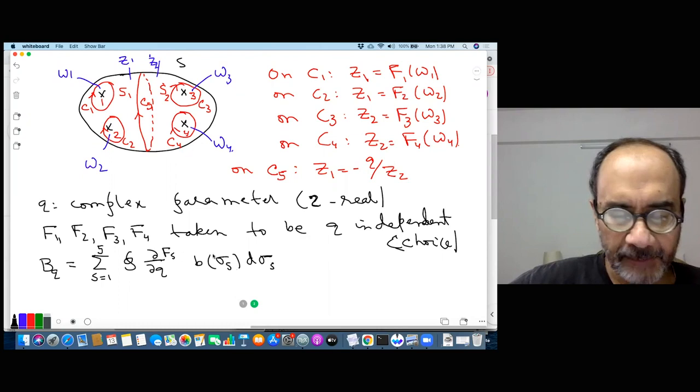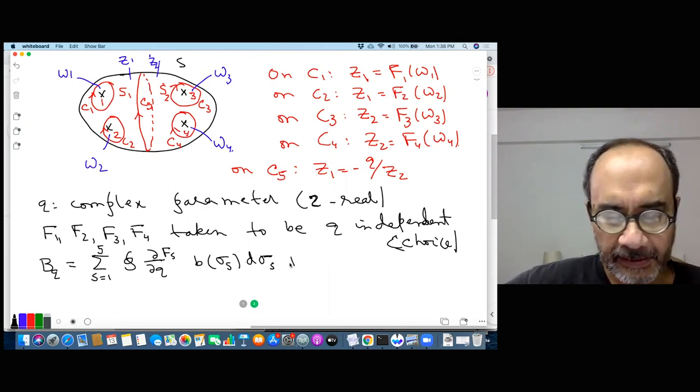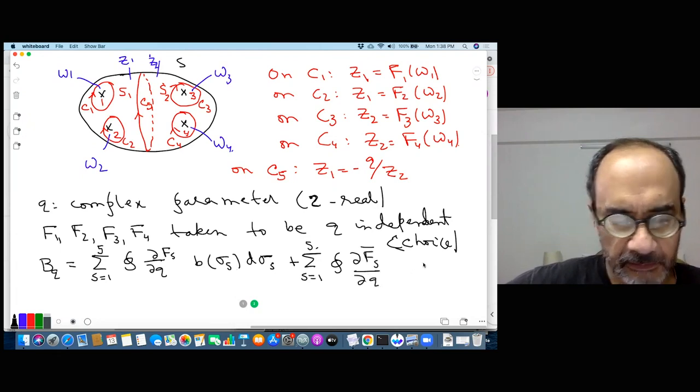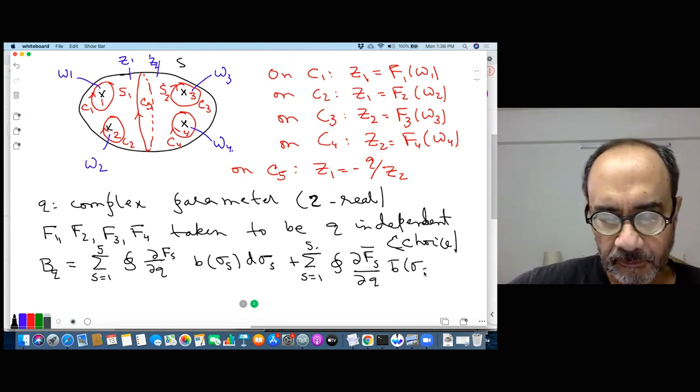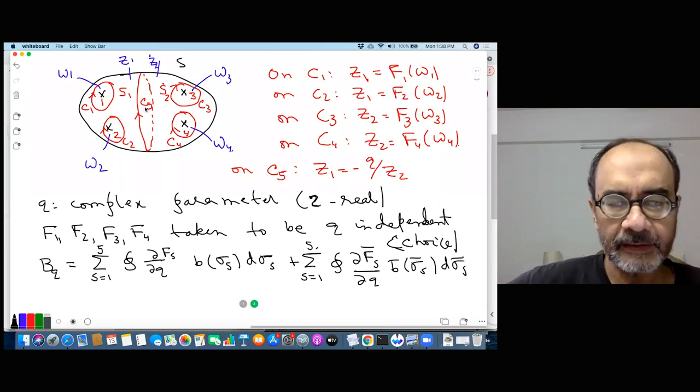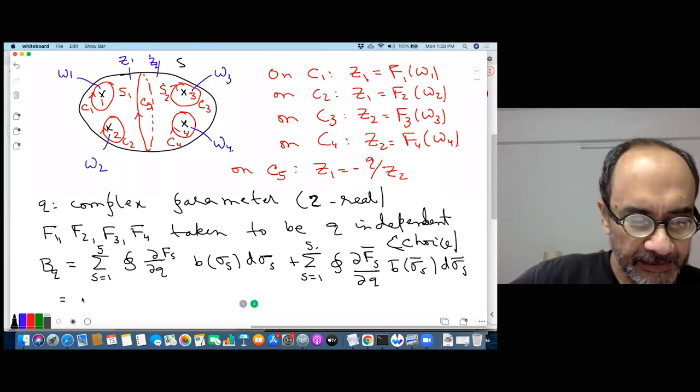And Fs is relating sigma S to tau S, which is the coordinate on the right. And then there is a holomorphic piece, the anti-holomorphic piece. Here, you see that only thing that depends on Q is F5. Everything else has been chosen to be Q independent.